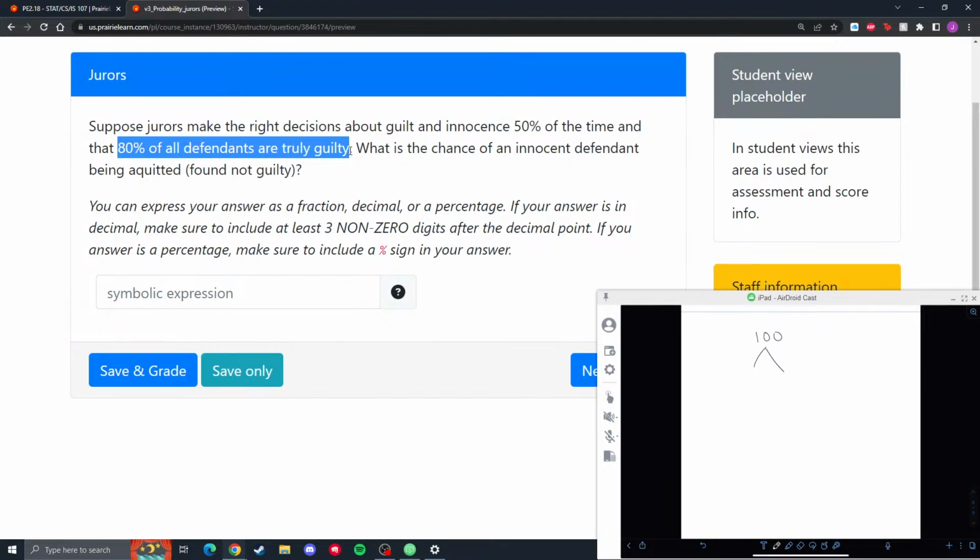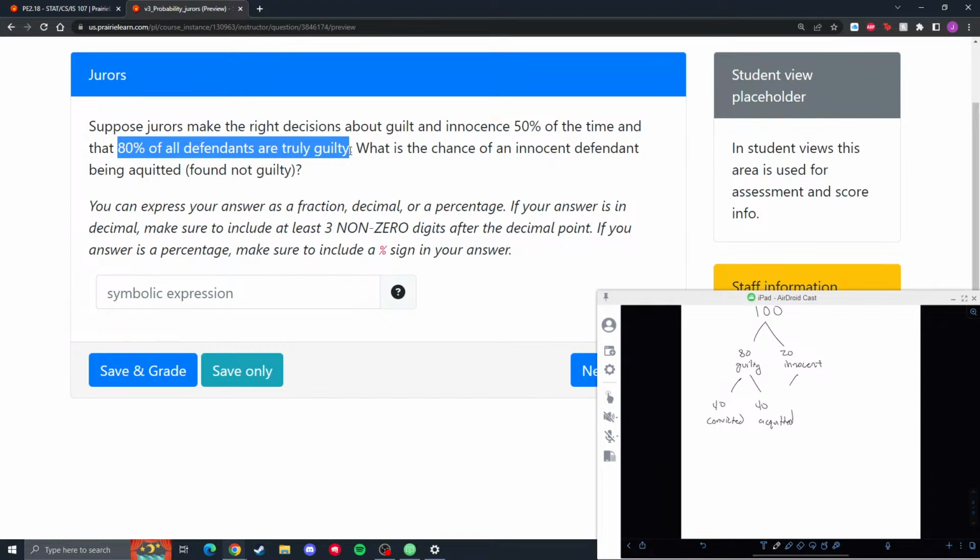We know that 80% of them, so 80, are guilty, and 20 are innocent. And of those, for each respective group, the jurors are correct 50% of the time. So 50% of 80 is 40 people convicted, and 40 are acquitted. Those are the fancy ways of saying found guilty and found innocent.